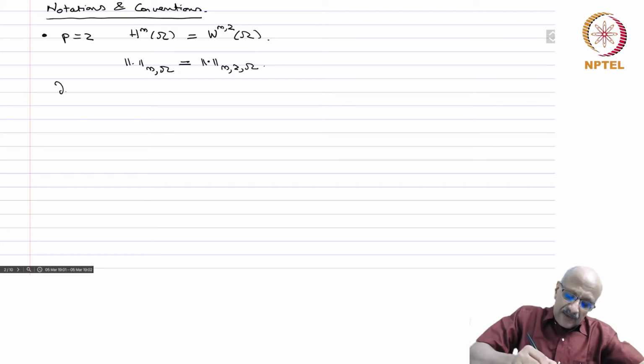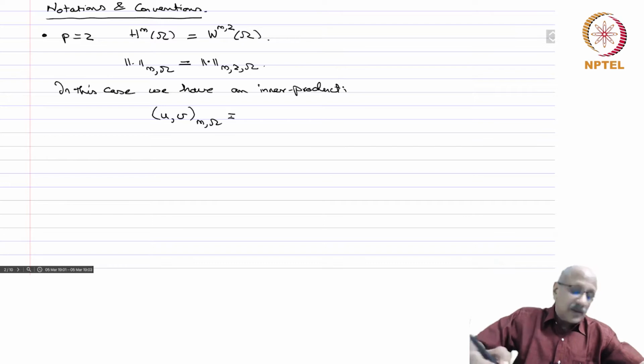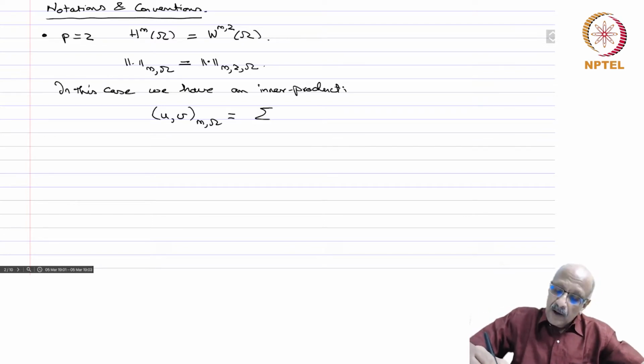Now in this case, we have an inner product of u, v in m omega equal to the sum over mod alpha less than or equal to m of the integral over omega of d alpha u d alpha v dx.